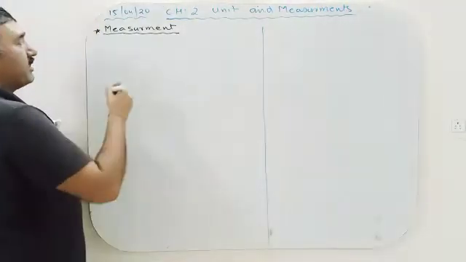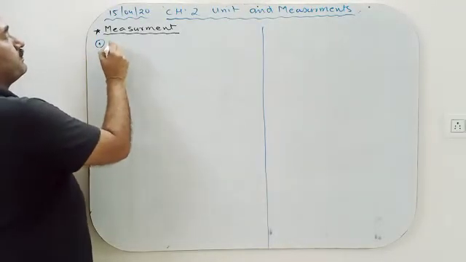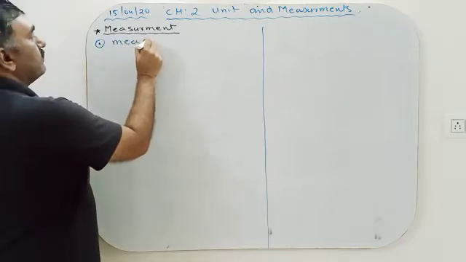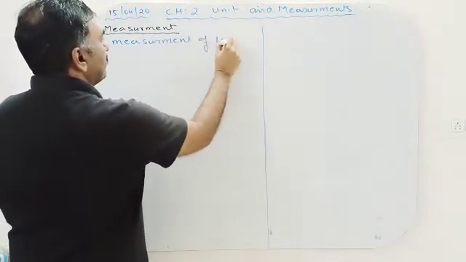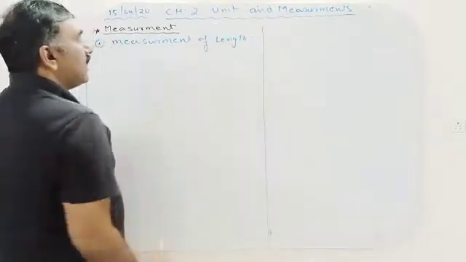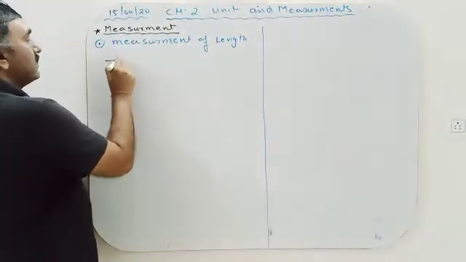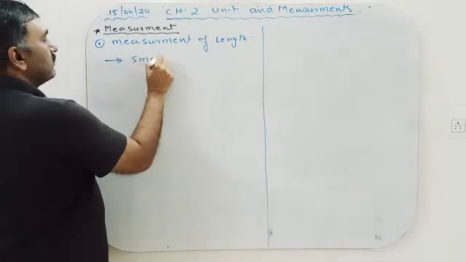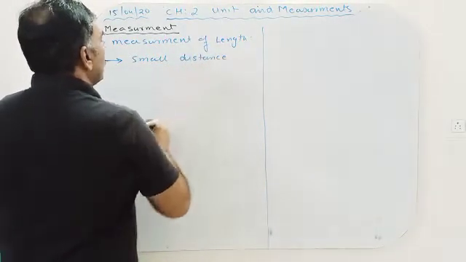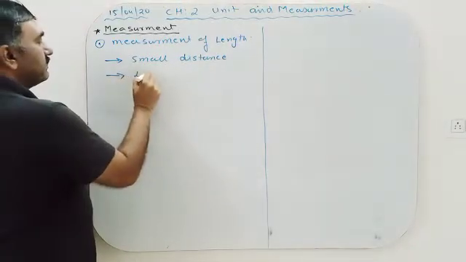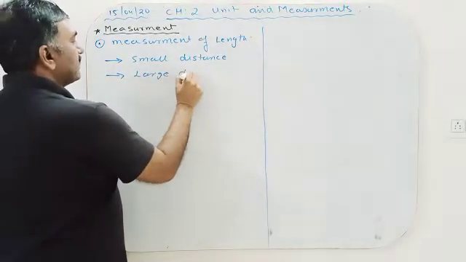So in measurement, first of all, measurement of length. Now in length also there are 2 parts. First, small distances, and the second one is large distances.